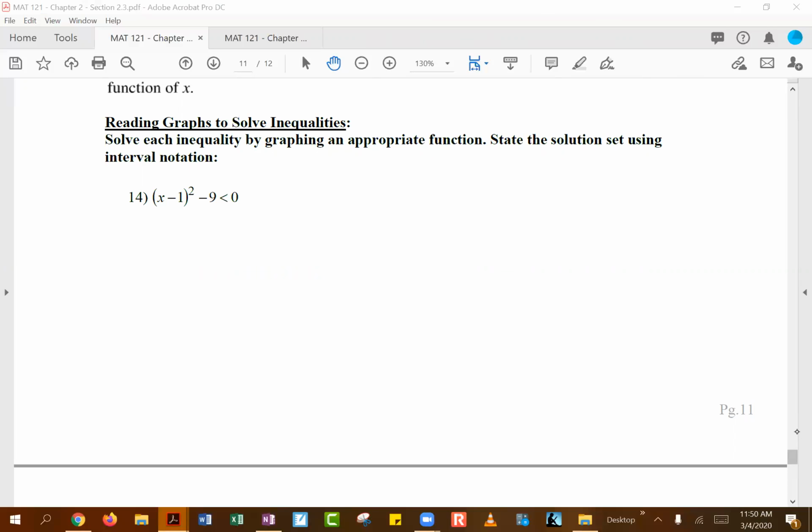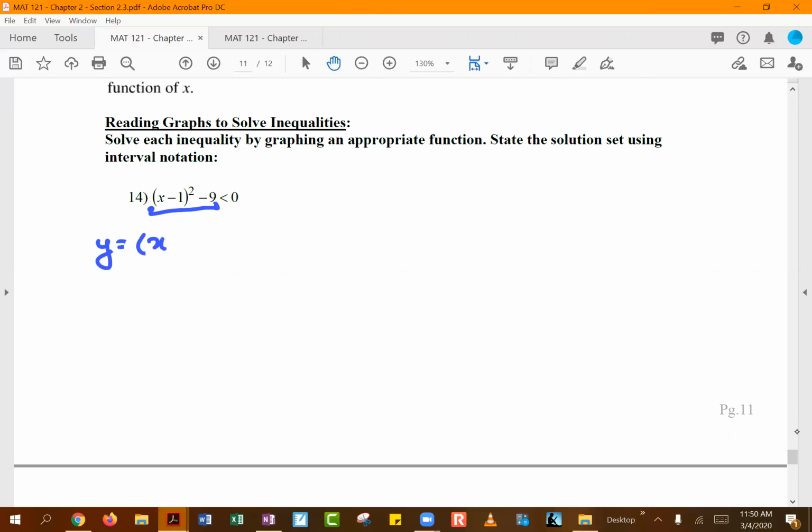So the first thing we're going to do is take this expression part and set it equal to y and graph that function. So just take that first part, set it equal to y, and you can use a table, you can use transformations, so it's up to you.